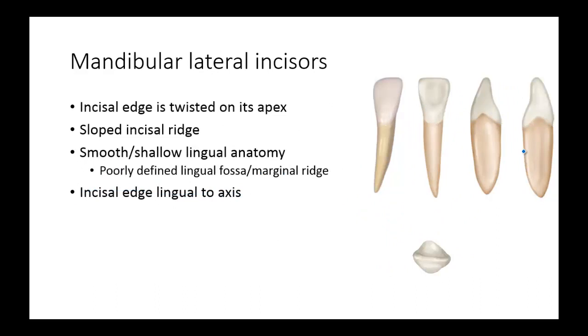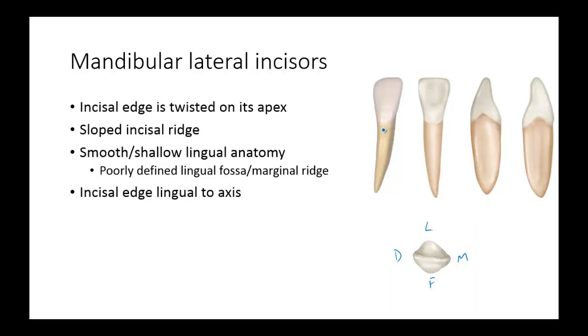So moving on, the mandibular lateral incisors. What's most unique about the mandibular lateral incisors is the fact that the incisal edge is twisted on its apex. So what that means is, if you're looking at this in the incisal view, this is going to be facial, this is lingual, this is mesial, and this is distal.